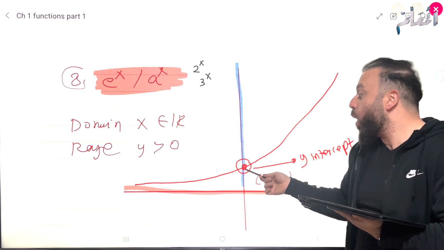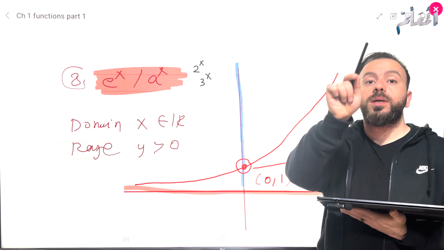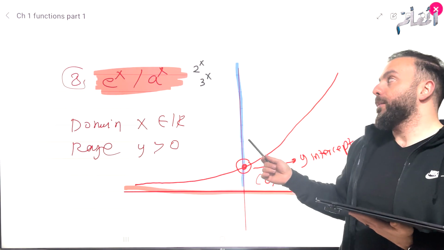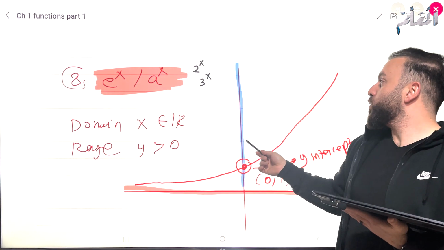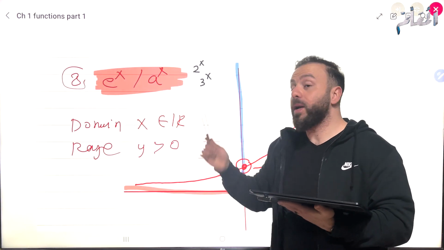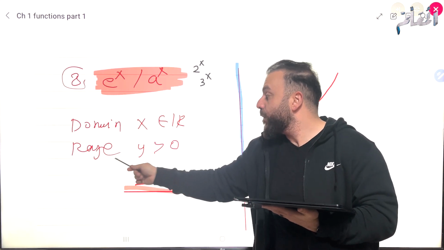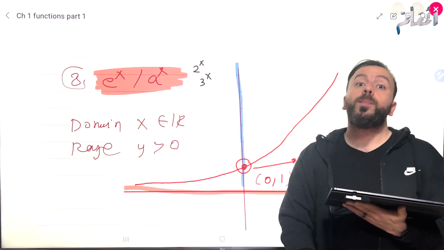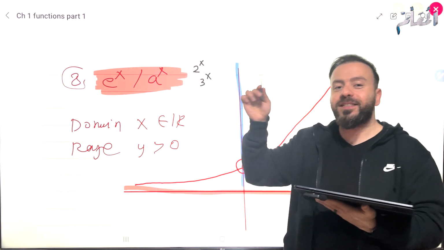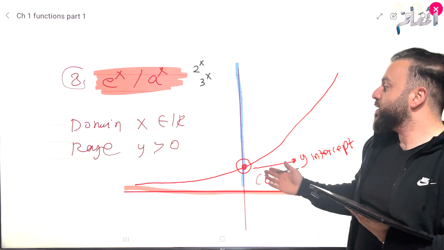Here we have the y-intercept, and there we have the x-intercept. The domain here, x belongs to all real numbers. Remember the range there? y belongs to all real numbers. The range here is y greater than 0. The domain there is x greater than 0. So those functions are inverses of each other.